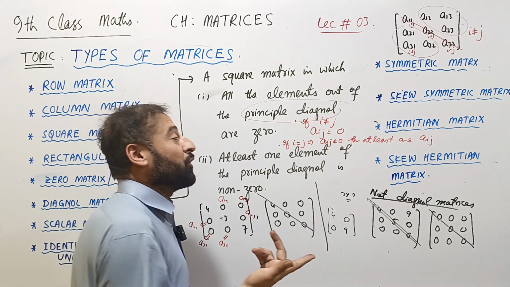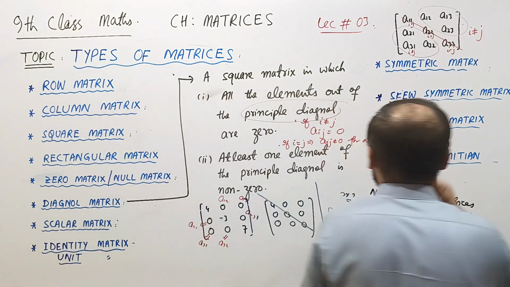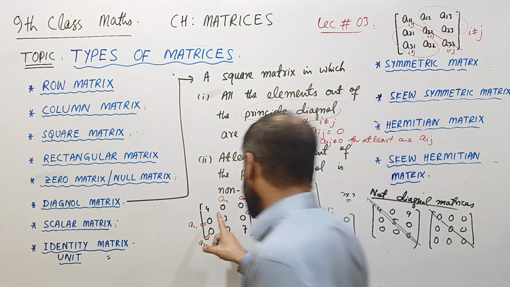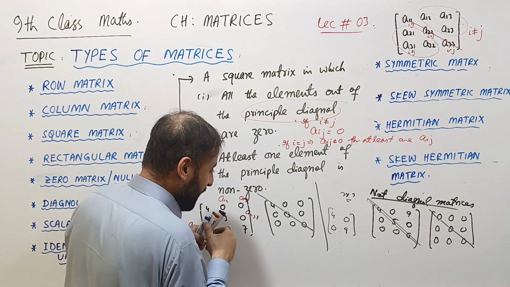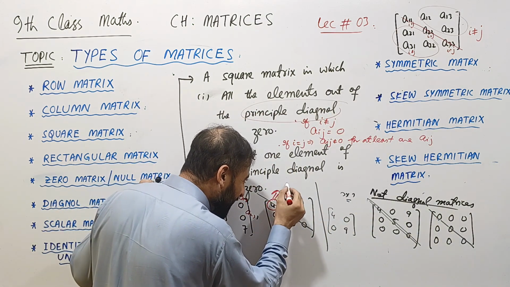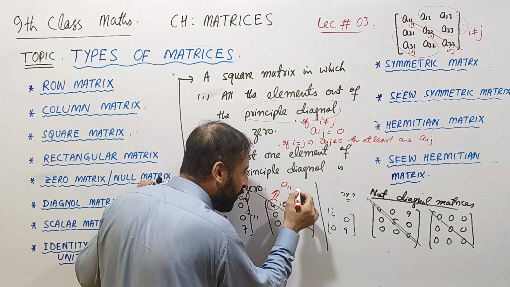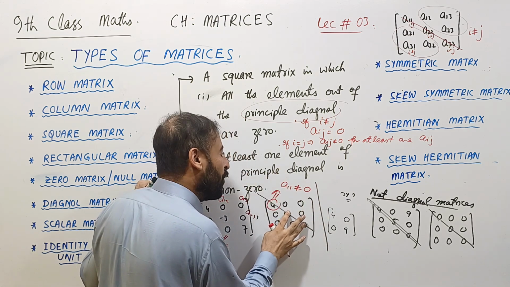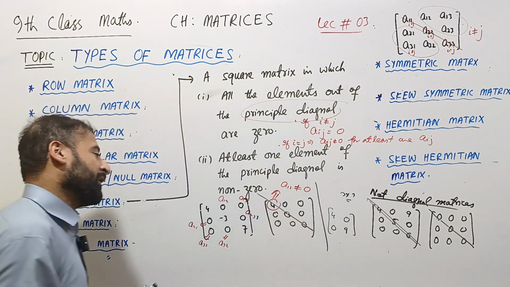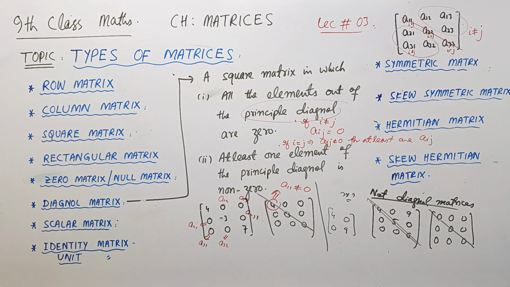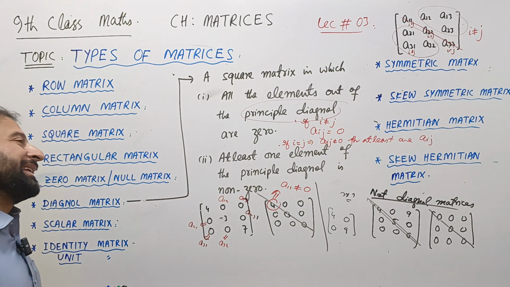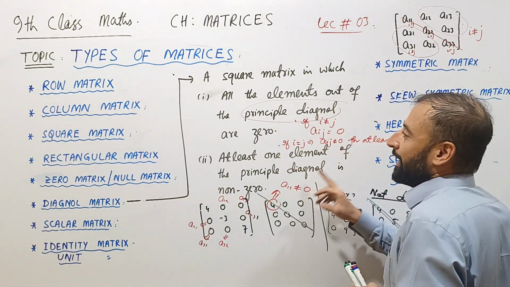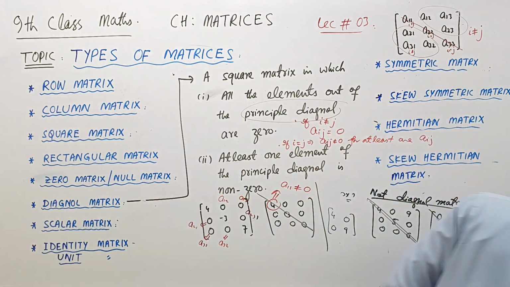For at least one aij, we have i and j equal and the element is not 0. That's enough. If these two are non-zero, okay, and if not 0, then still okay. Then students, it is the mathematical condition of diagonal matrices.